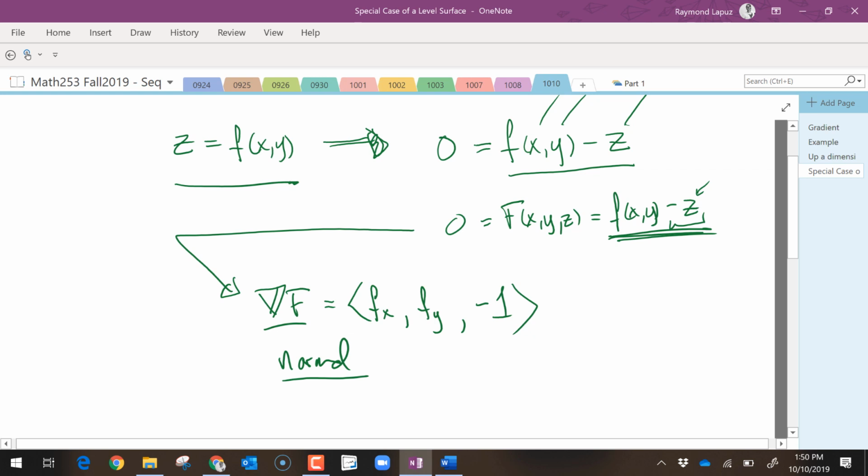So this is normal to the surface. And now we found the same normal vector, but now we found it using a higher dimension and treating it as if it was a level surface of a higher dimension. And then we got negative 1 again. Where did negative 1 come from? That was the question I wanted you to ask. All right, think about it.